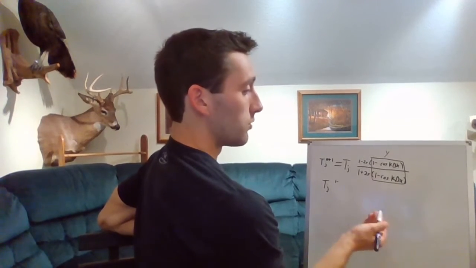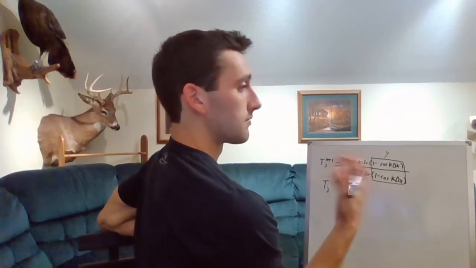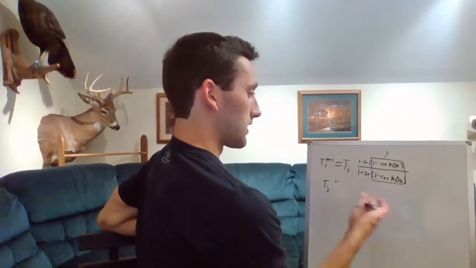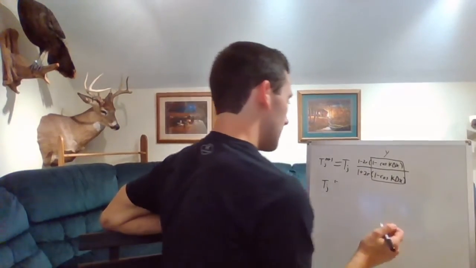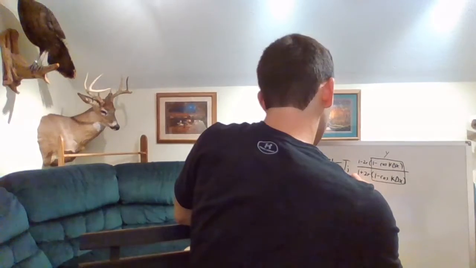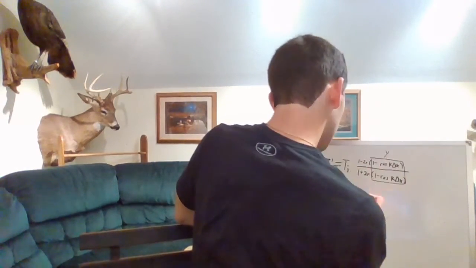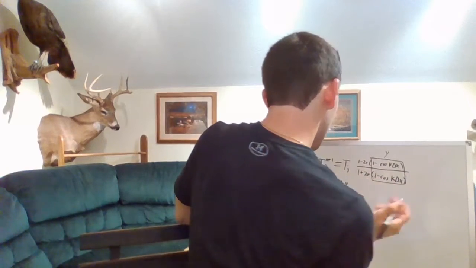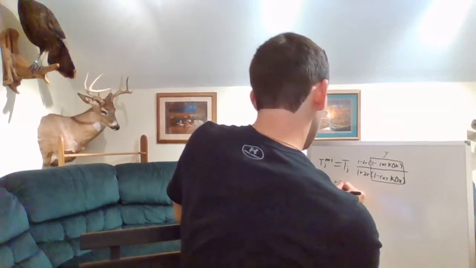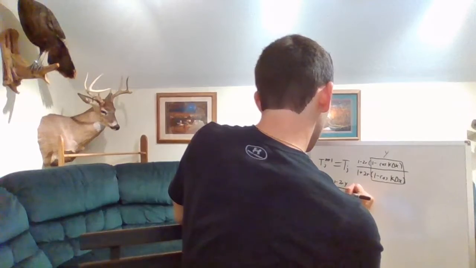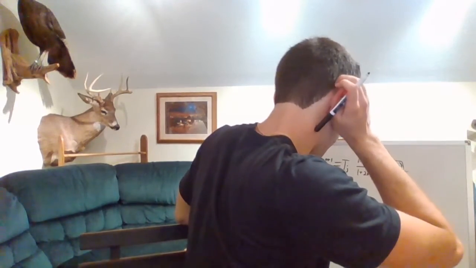I mean, we could say we want it equal to w or something like that, but we're just going to use y. So we are going to have 1 minus 2r times y. And on bottom we are going to have 1 plus 2r times y.